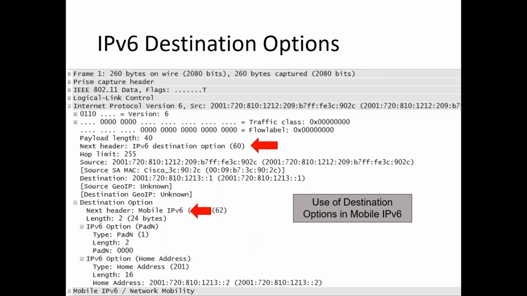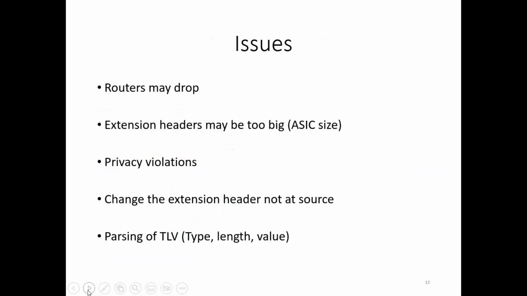Destination options is, I believe, one of the only headers, or maybe the only header, where you can have more than one destination option. And I have seen people do that. It is, of course, unfortunate that mobile IPv6 has not had more penetration, but that's a topic for another webinar.